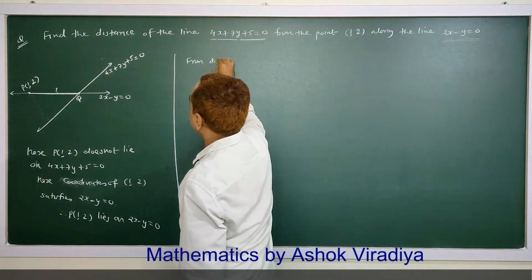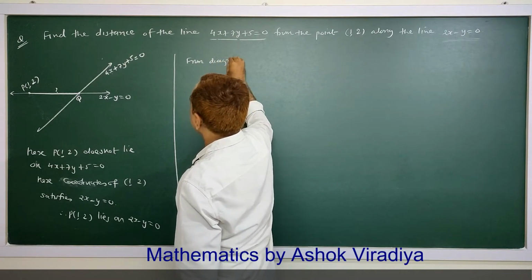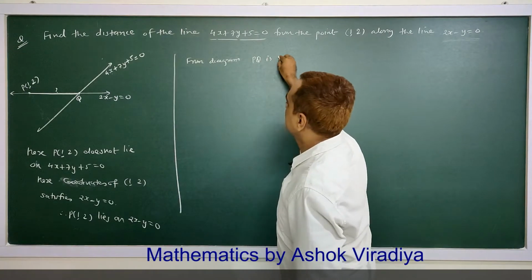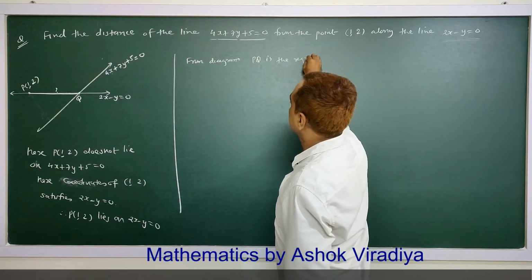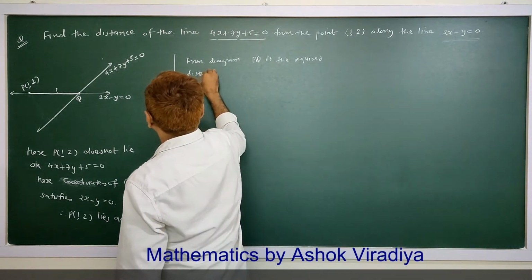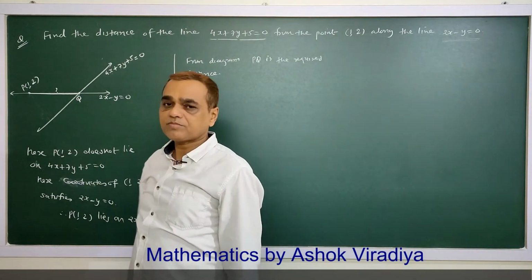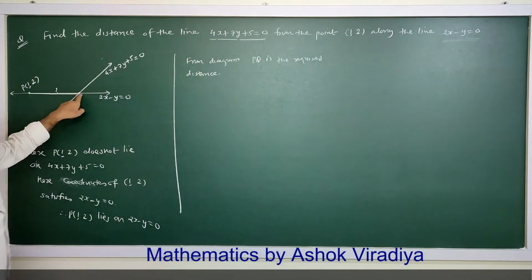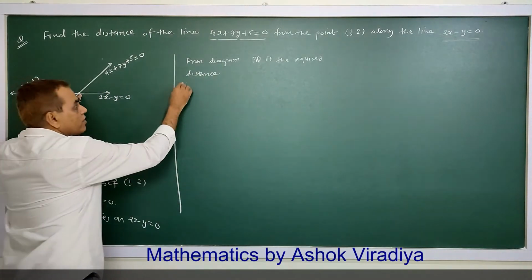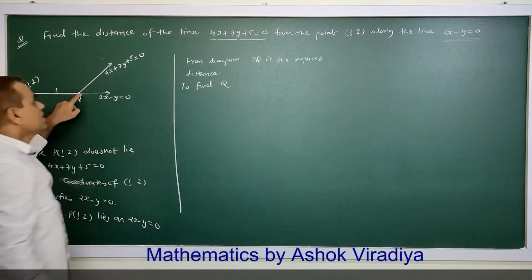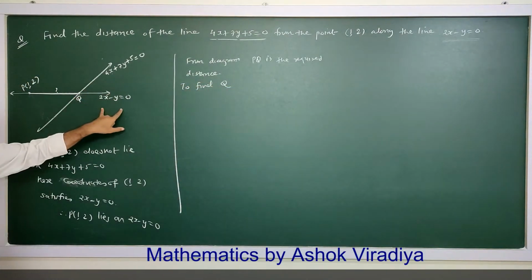From the diagram, PQ is the required distance. And to find this PQ required distance, we have to find Q. So to find coordinates of Q, we solve these two equations.